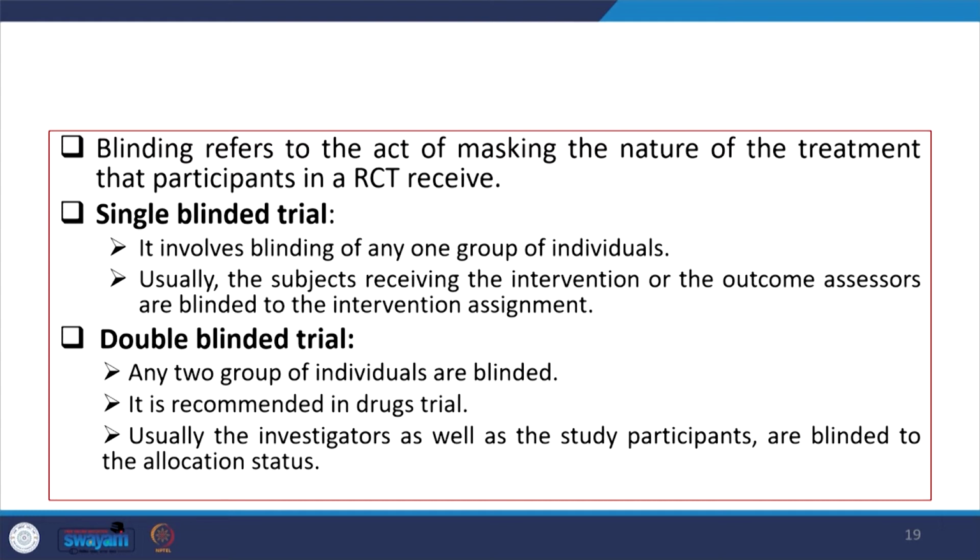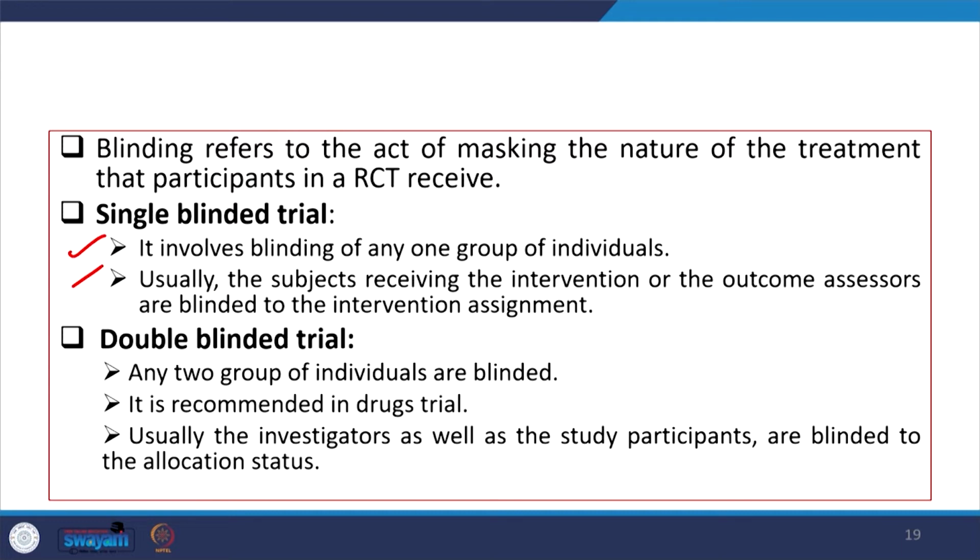Whereas in a double blinded trial, any two groups of individuals are blinded. These two differences have to be noted very carefully.